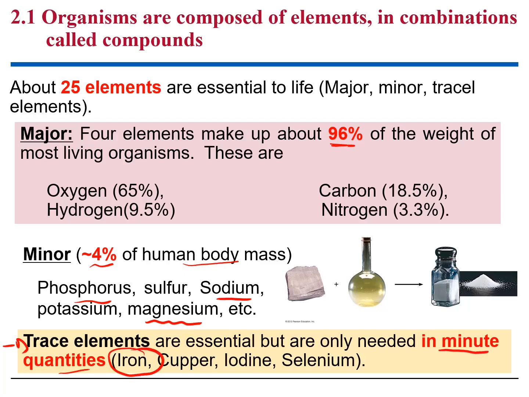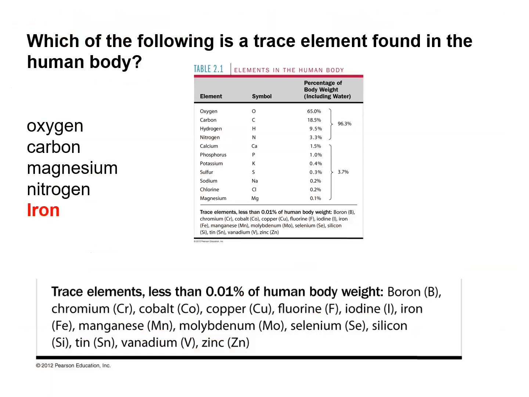And here you have iron. So here the answer will be iron. If you don't remember this question, go to your textbook. Here there is this table, and here they tell you what are the trace elements that you need, 0.01.